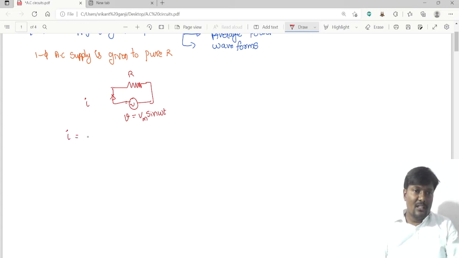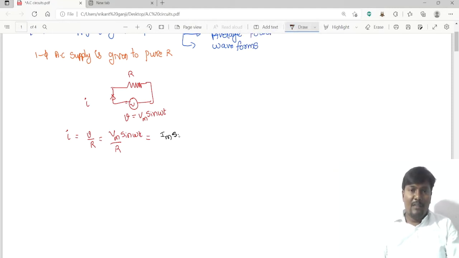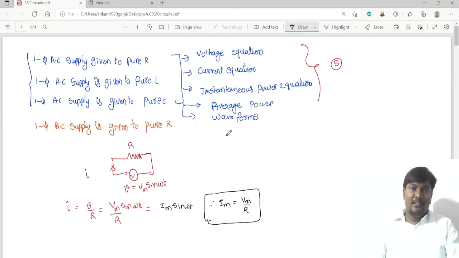We know that I is equal to V divided by R, so V max sin omega t divided by R. V max by R can be written as I max sin omega t. Here I max is equal to V max divided by R. And here the first one is over and the second one is also over.